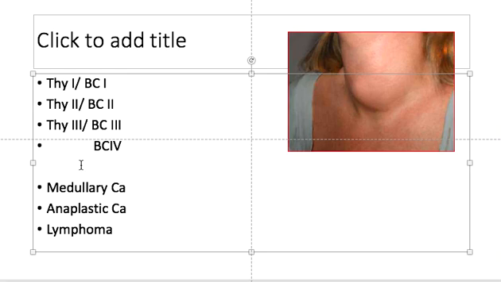Thy 4 is highly suspicious and Bethesda 5 is highly suspicious. Thy 5 is confirmed malignancy, that is confirmed papillary, and which is Bethesda 6. So in the Bethesda classification, again there is no problem to handle the 5 and 6. 6, there's no question to do total thyroidectomy. 5 again, we tend most of the time to do total, but of course you can discuss with the patient.